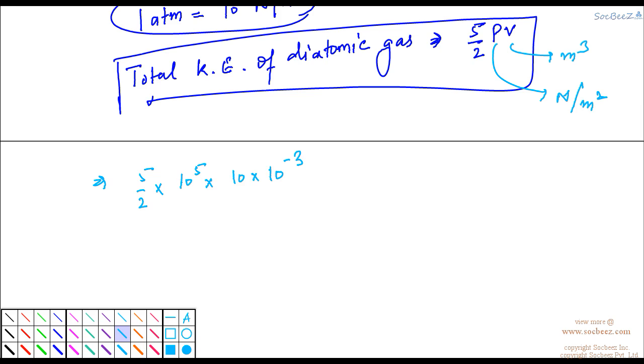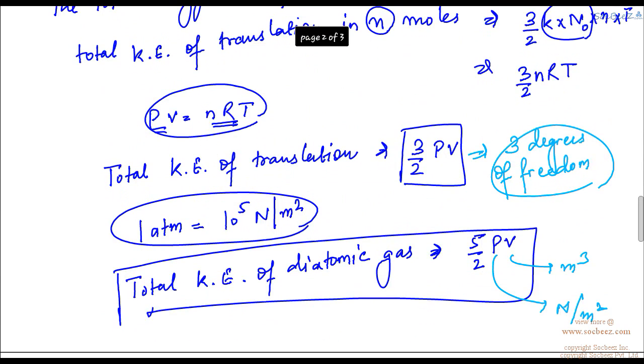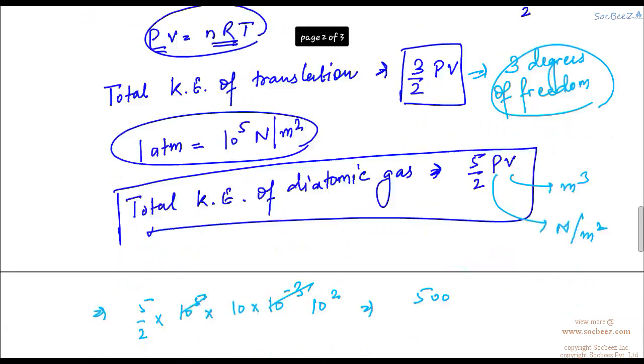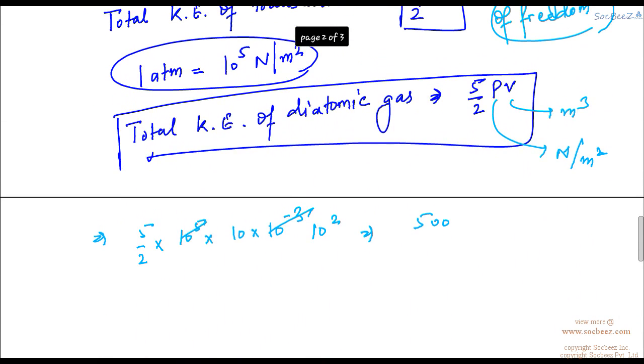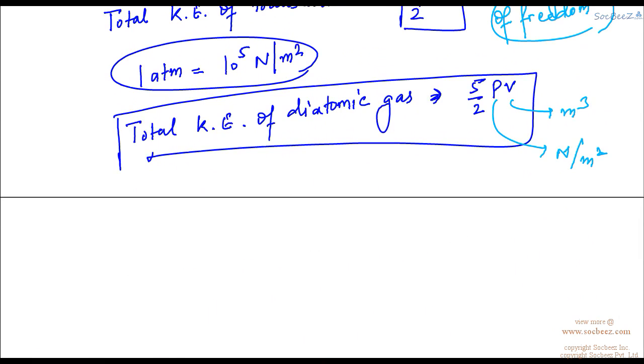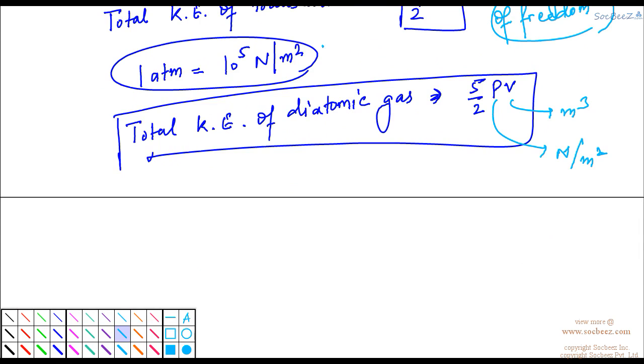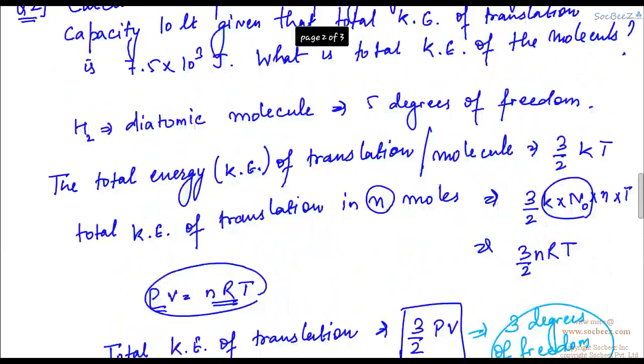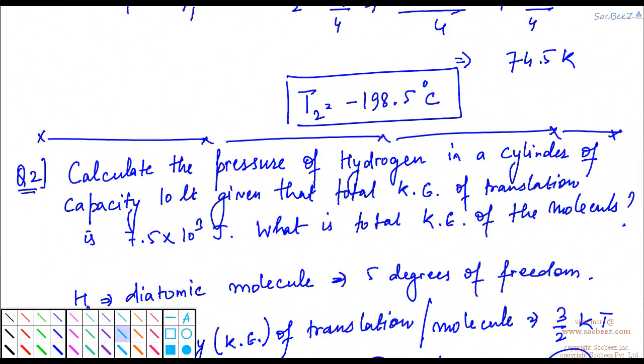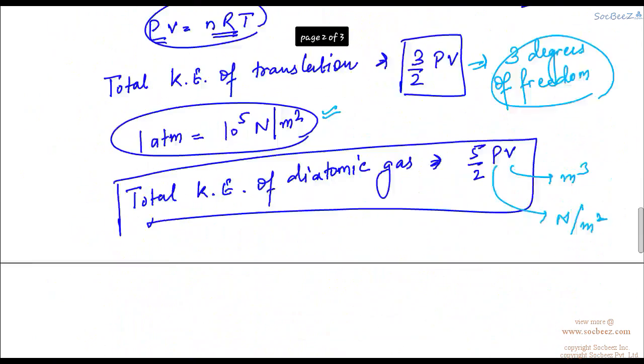Correct? So this would give us 10 square. So 5000 upon, sorry, one thing we did wrong was basically, we didn't calculate the pressure over here. One atm is given to us with this. We have to calculate what is the pressure at present. We are given that the total kinetic energy of translation is 7.5 into 10 raised to power 3 joules.